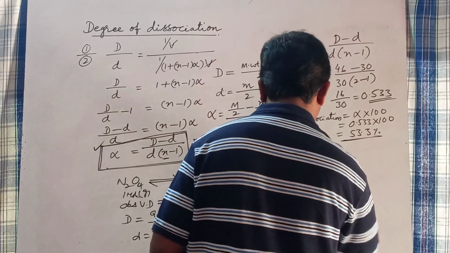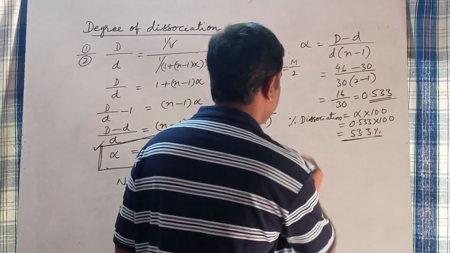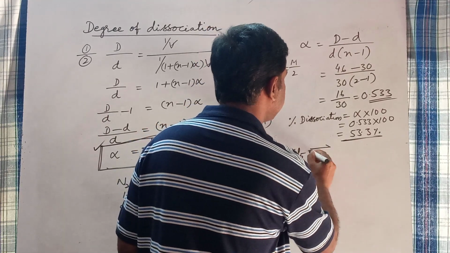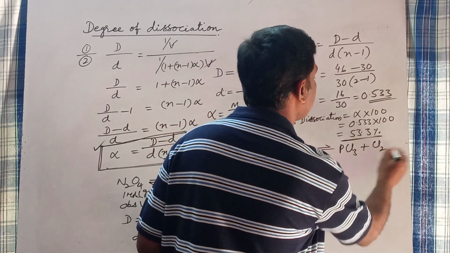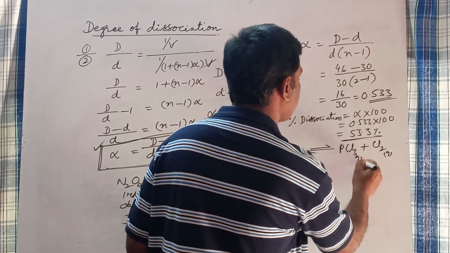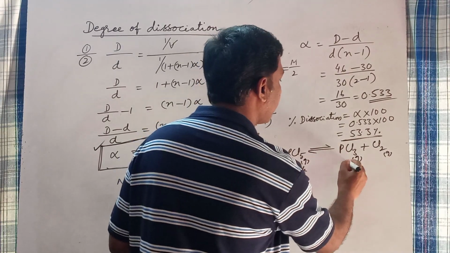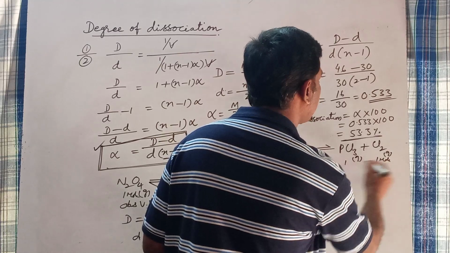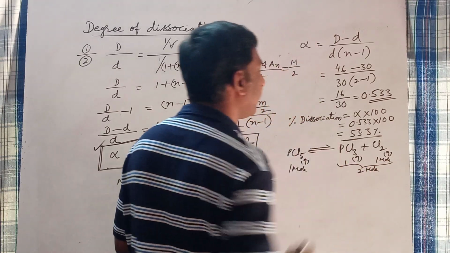For the same equilibrium, or otherwise you can take another equilibrium, PCl5 in gaseous state dissociated to PCl3 and Cl2 gas. Here 1 mole changes to 1 mole of PCl3 and 1 mole of Cl2, altogether 2 moles are formed from 1 mole of reactant.